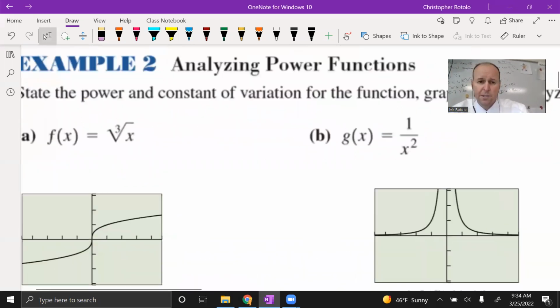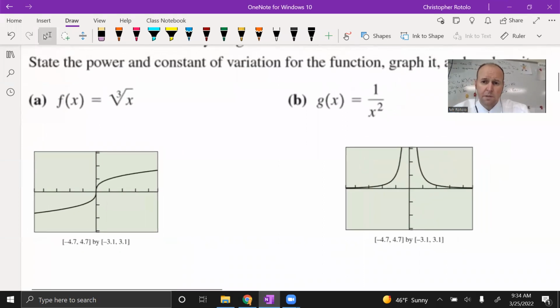We're going to take a look at some of these graphs, things we may or may not be familiar with. So we just said that this could be x to the 1/3 power. So my question to you as we take a look at it is, does that appear to be even, odd, or neither? Remember, odd was the thing that was kind of rotational here. So it definitely appears to be odd, because out of my list of questions, I want to make sure I pointed that out first.